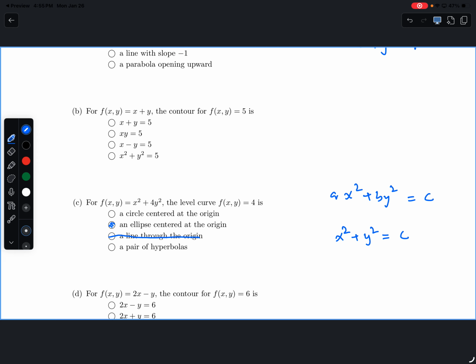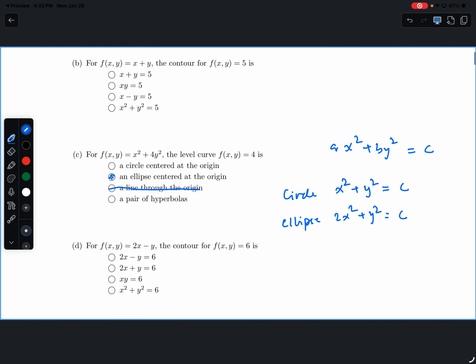If the values of a and b are different but both positive, for example 2x square plus y square, this is an ellipse. But if you take a to be positive and b to be negative, or a negative and b positive, you can graph these and you will get a set of hyperbolas.